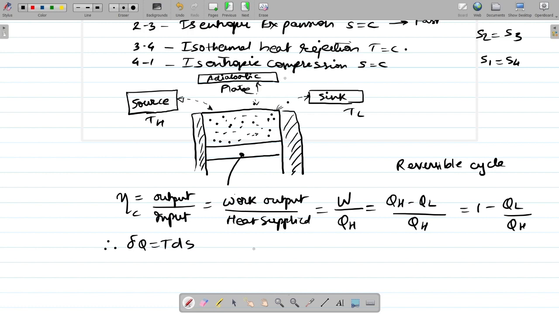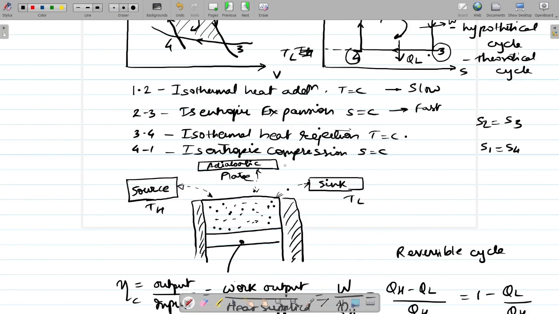So using this relation we can write QH, that is heat supplied, will be equal to TH at the higher temperature times dS, meaning S2 minus S1, and QL, that is heat rejected at lower temperature, will be equal to TL into S3 minus S4.